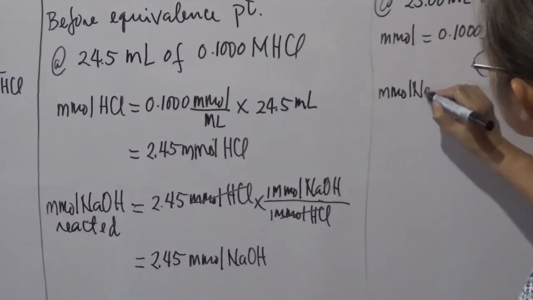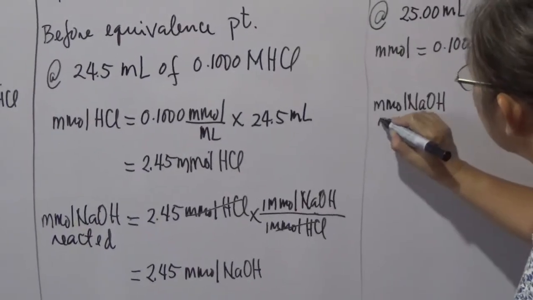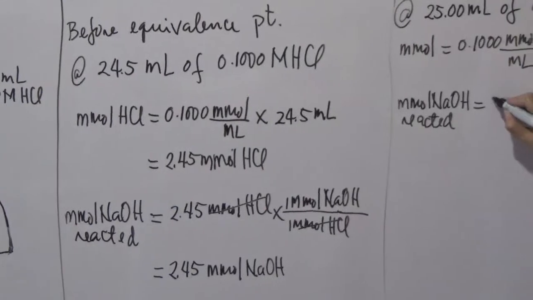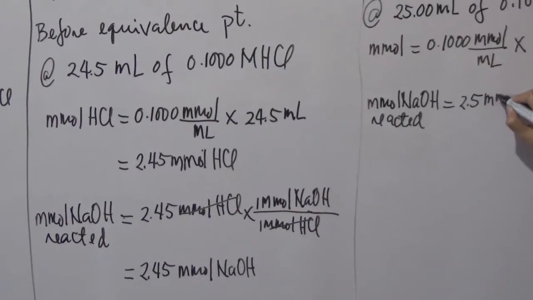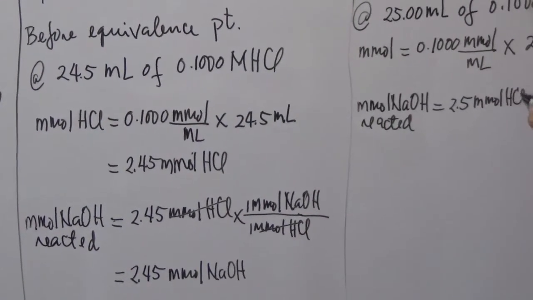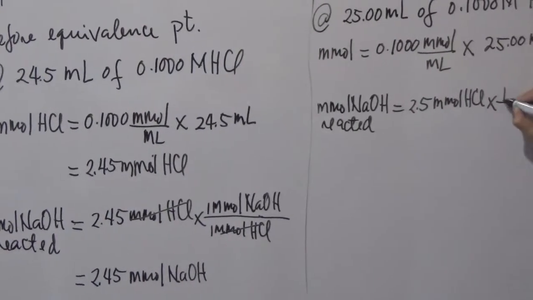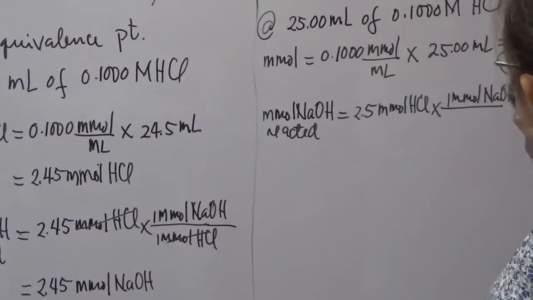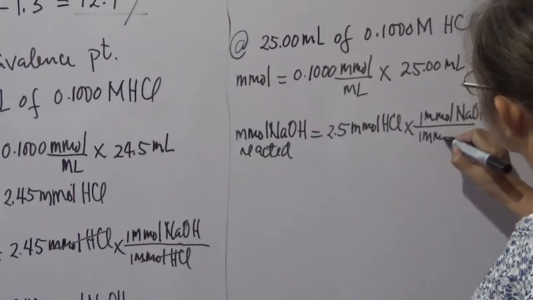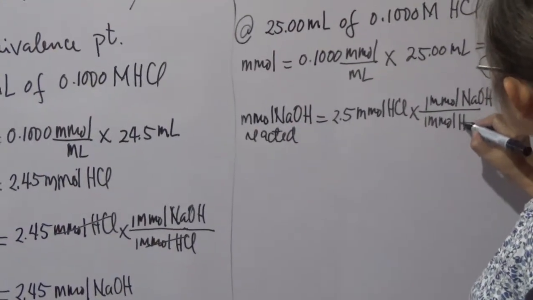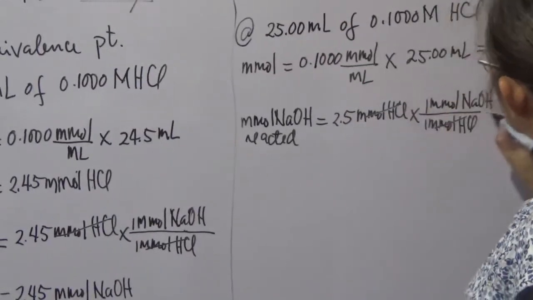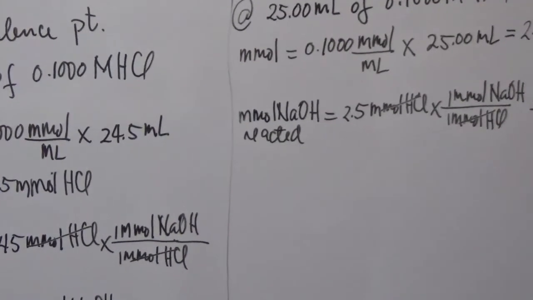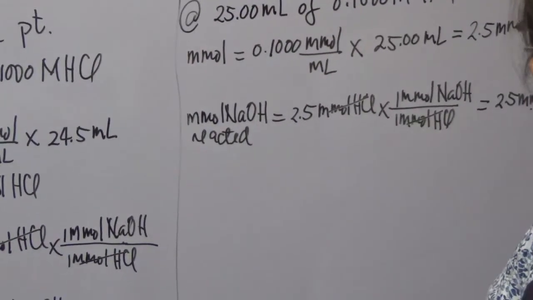Since the ratio is 1:1, you have 1 millimole of sodium hydroxide for every 1 millimole of HCl, so you can cancel it out. So it is also 2.5 millimole of sodium hydroxide.